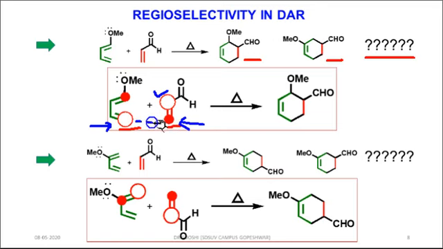Therefore, bond formation can take place easily at this point. Similarly, this carbon of the diene, C1, is comparatively less nucleophilic, whereas this carbon, C1 of the dienophile, is comparatively more nucleophilic. Therefore, bond formation can easily take place at this point. That's why this kind of cyclization results in the formation of the ortho-type product.